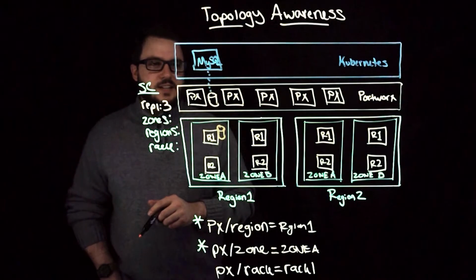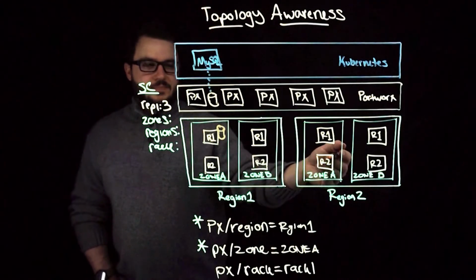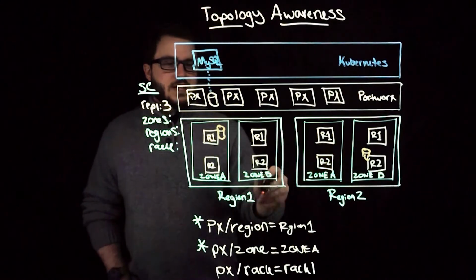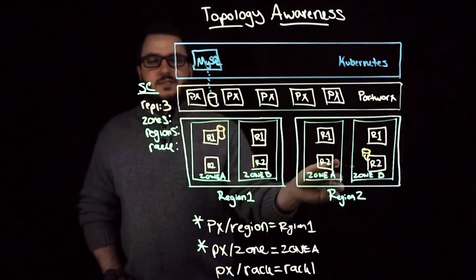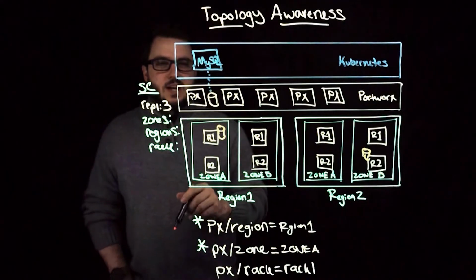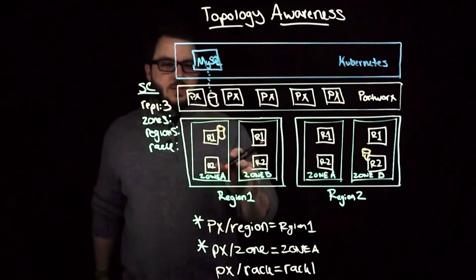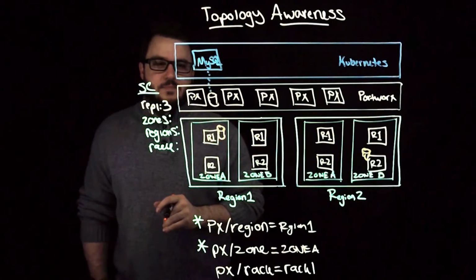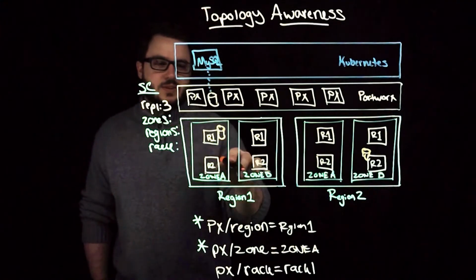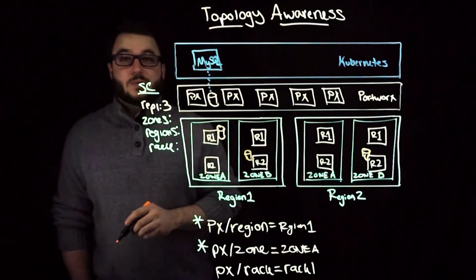And the second replica, we'll go ahead and probably choose region 2 and zone B and rack 2, right? So we have the widest range of availability, meaning we can lose an entire region. The third replica will probably switch back to this region and pick either zone A or B and rack 2, so we'll have another replica within region 1.